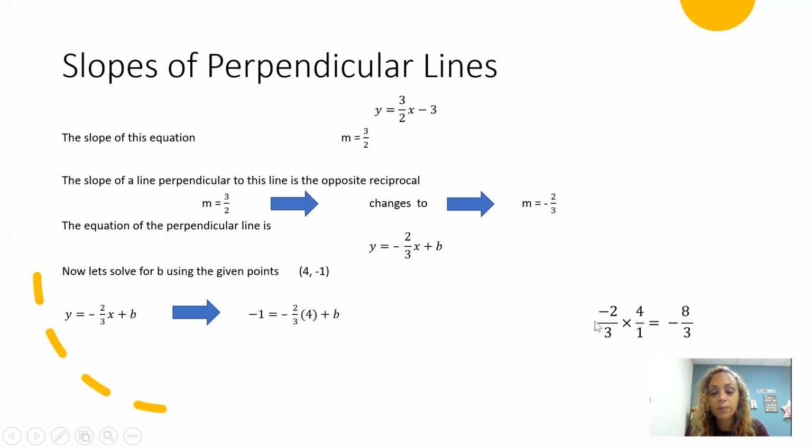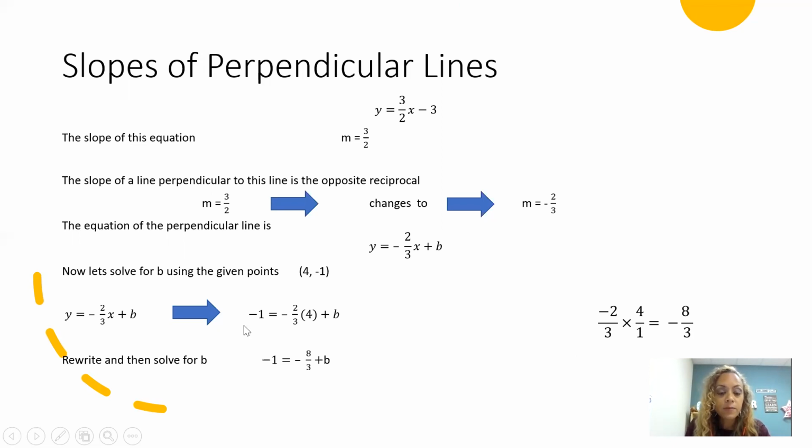All whole numbers have an imaginary 1 underneath them. So all we do is -2 times 4 is equal to -8, and 3 times 1 is equal to 3. You can put it in the calculator, and the calculator will know how to do it. If you want to do it by hand, you can check with the calculator. Don't make a simple mistake. The calculator is there to help you.